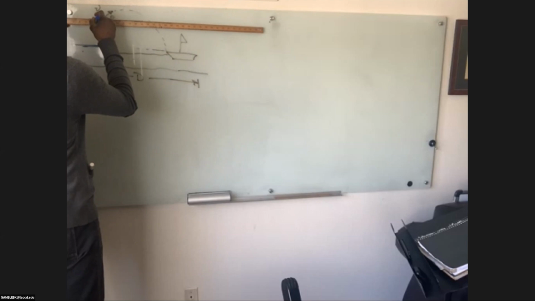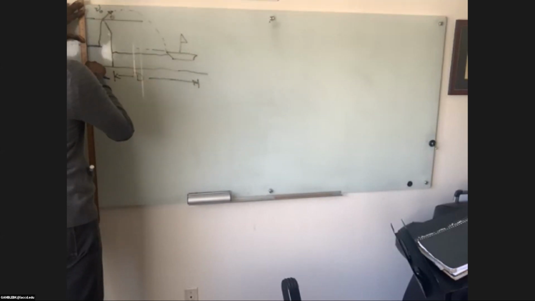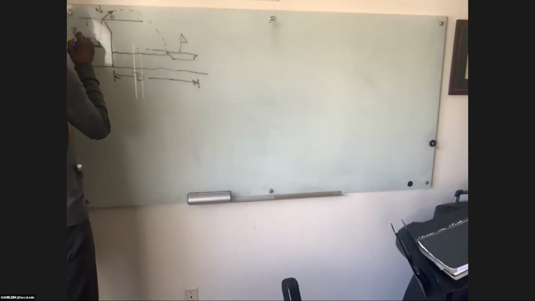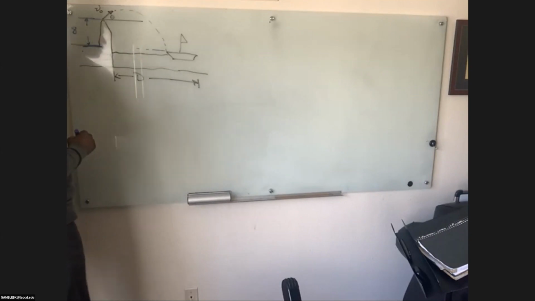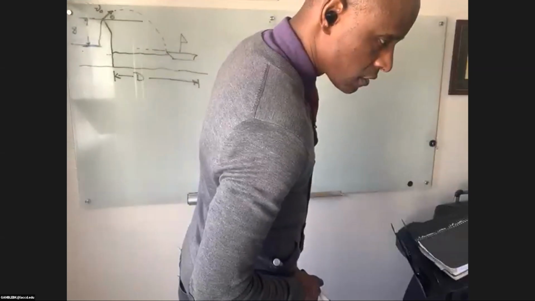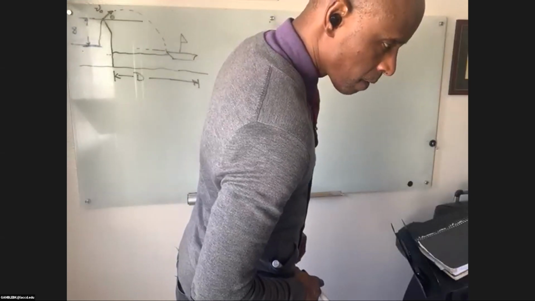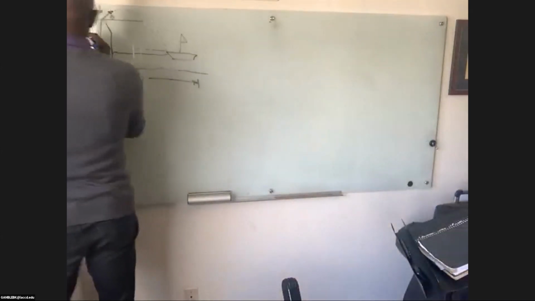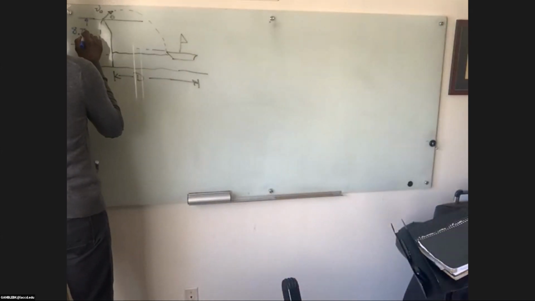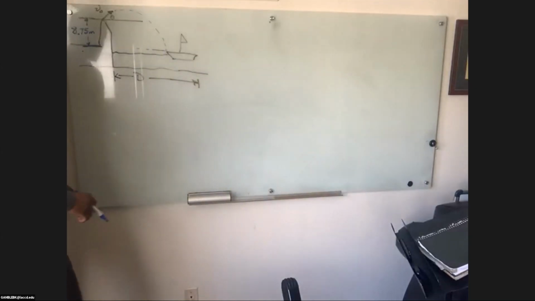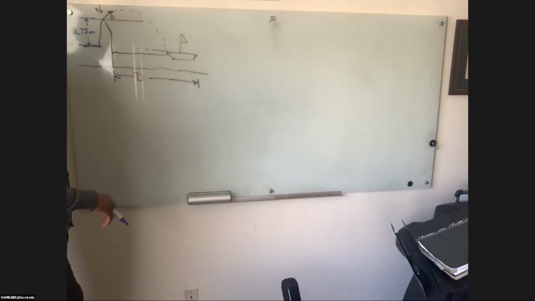So this distance here was it 8.5 or 8.85? 8.75. Okay. Subscript D here, yeah. You have to maybe come up with your own names for the subscripts, but that's one way I would do it.